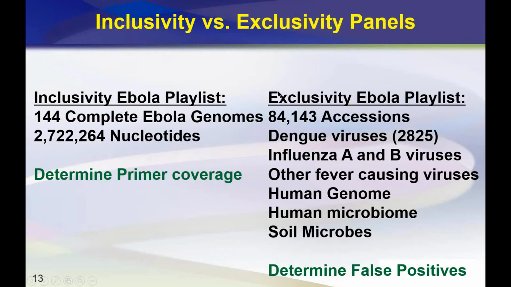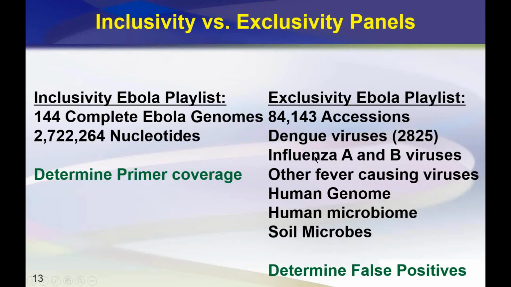On the other hand, we want to avoid false positives with our primer designs. And so we might be able to come up with a quite long list of non-Ebola background sequences that could give a false positive to an Ebola test, such as the dengue fever virus. Those are genetically related to Ebola, and so you might guess that a poor design of an Ebola sequence might hit some of the dengue viruses.